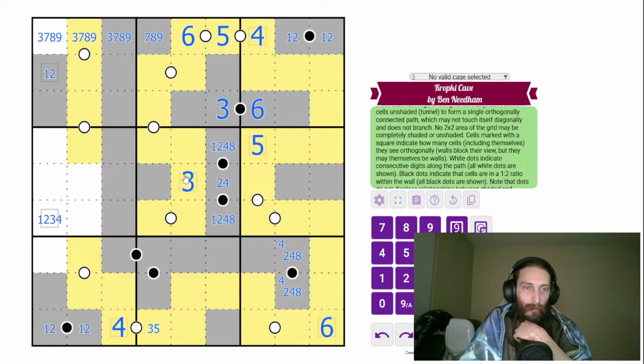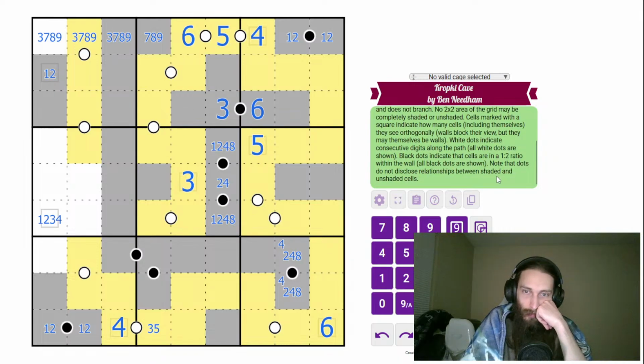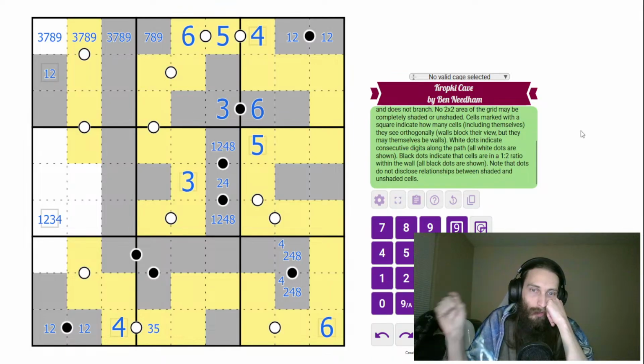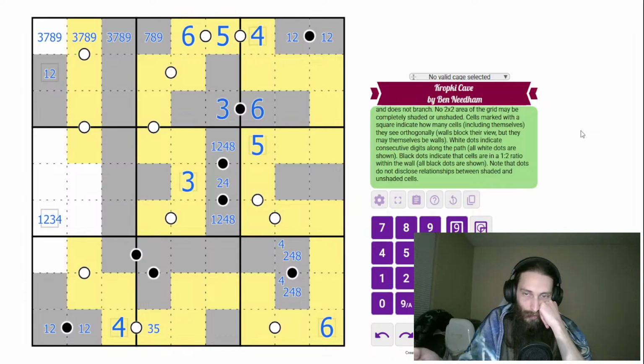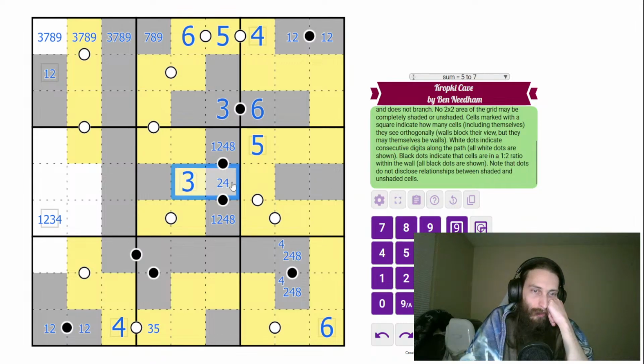At least that's how it's being interpreted at the moment. Because white dots indicate consecutive digits along the path, and all white dots are shown, and black dots indicate that cells are in a 1-to-2 ratio within the wall, and all black dots are shown. Note that dots do not disclose relationships between shaded and unshaded cells, which is why this is fine.